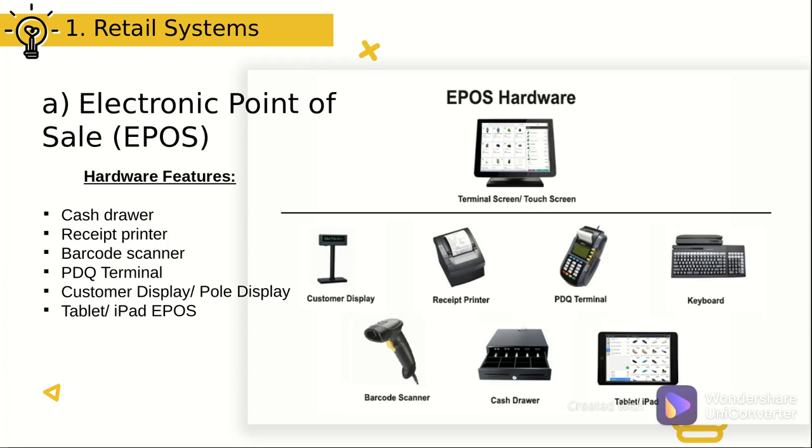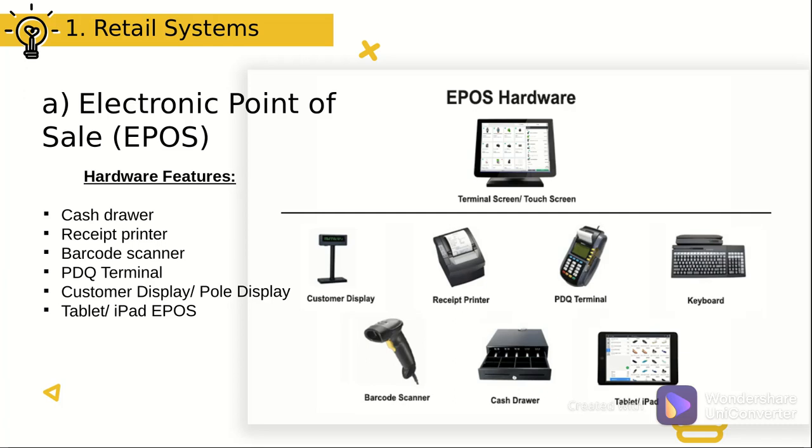And then we have got what we call the customer display or the pole display, where you see my mouse pointer here. Remember, I said earlier that it is not that every one of these devices must be present, but they may or may not be there depending on the environment and the needs of that business environment.